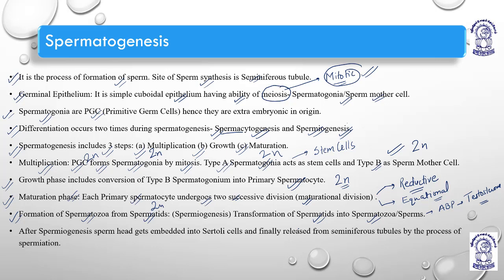The range of the semen secretion is 20 to 200 ml.